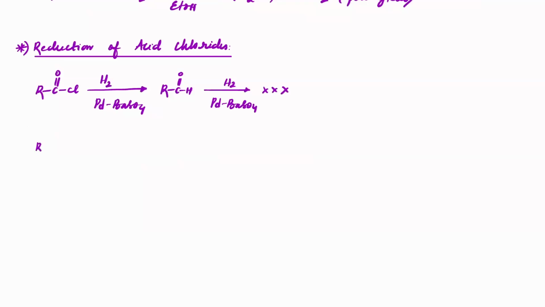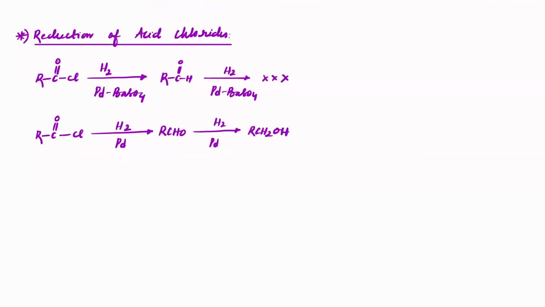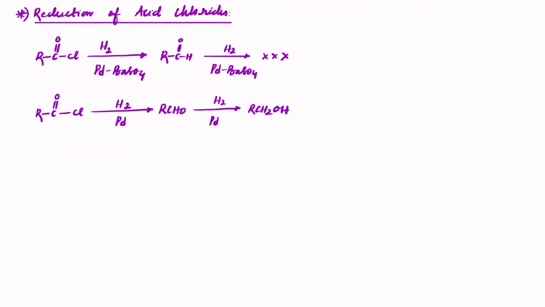But if you have acid chloride reacted with H2 in the presence of only palladium, first you will get the aldehyde, and that will further reduce to convert into alcohols. So acid chlorides will be pretty much reductive, all the way towards alcohols in this case. Got it?